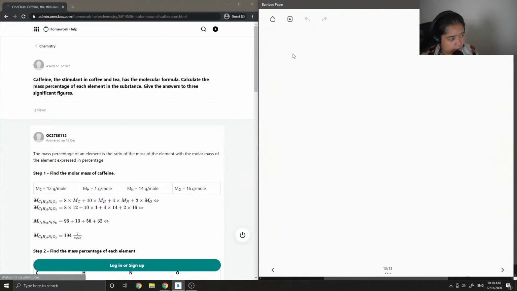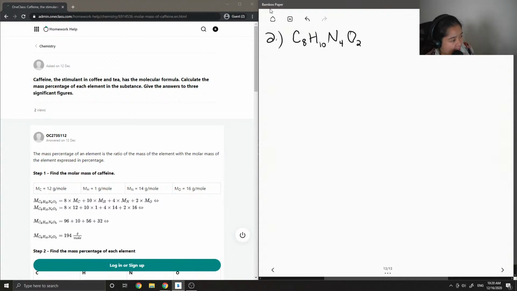Okay, so on to question number 2. It is saying caffeine is the stimulant in coffee and tea. It has the molecular formula, so I'm going to write down the molecular formula of caffeine. It is C8H10N4O2.